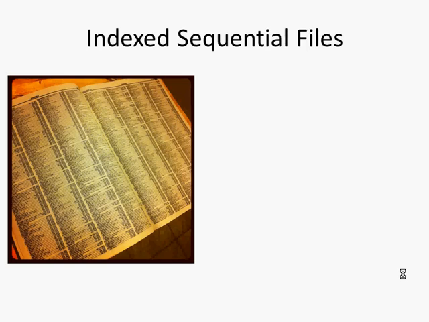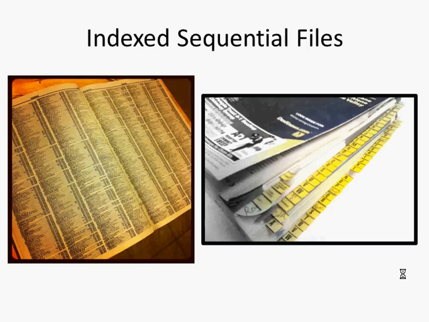An example we might look at is the telephone directory, the phone book, where we have everybody's telephone numbers stored in order of surname alphabetically. Now to speed up the search process, we might have tabs, dividers, that would act as an index, which allow us to quickly get to parts of the phone book that we need. And an index sequential file works in much the same way.